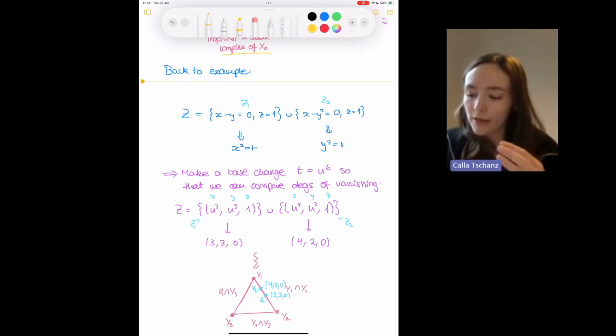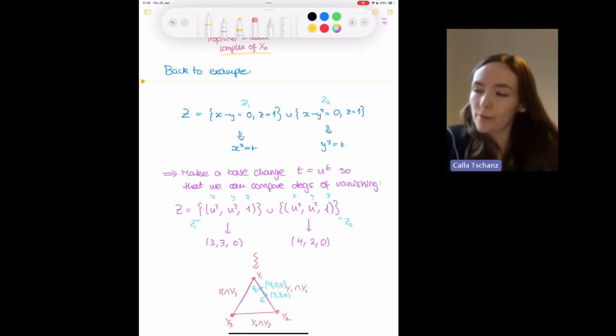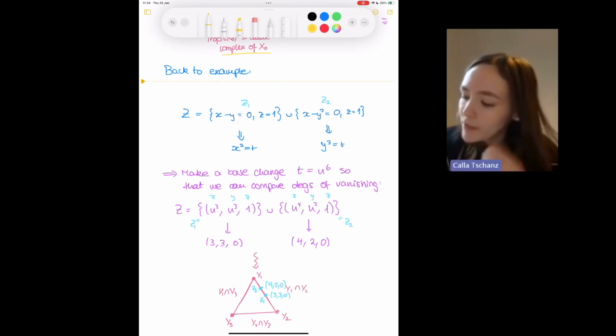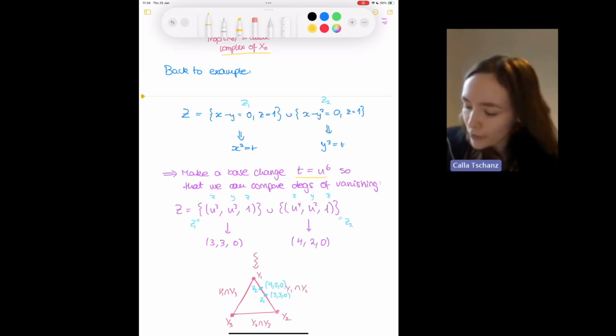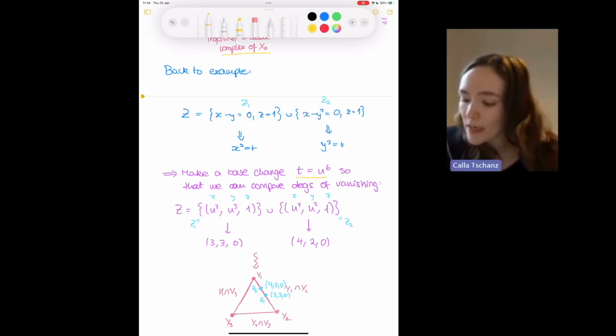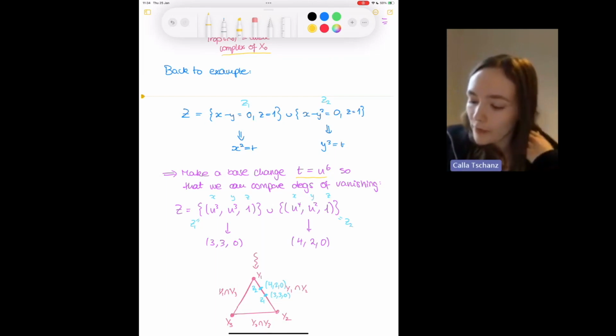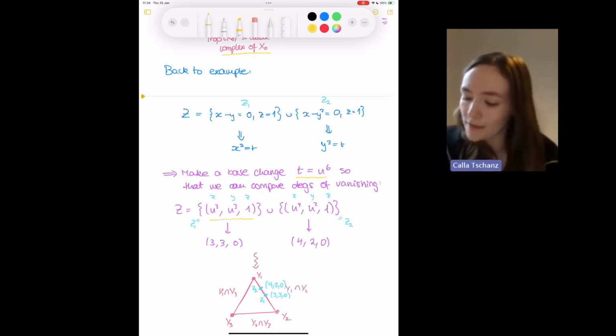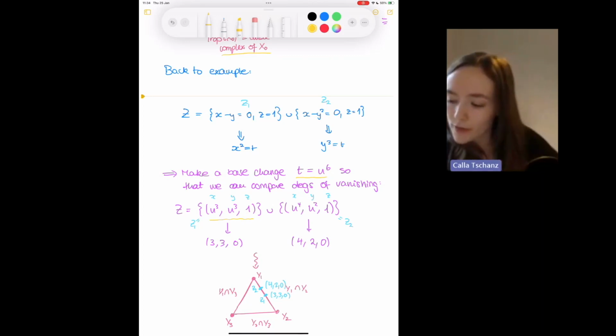In order to do that, I need to make some base change so that I can write XYZ in terms of some power of some variable. So I make this base change t equals u to the 6 for some new variable u. And that allows me to rewrite the same family, but written differently. So here I can write x, y, z as u to the 3, u to the 3, 1.